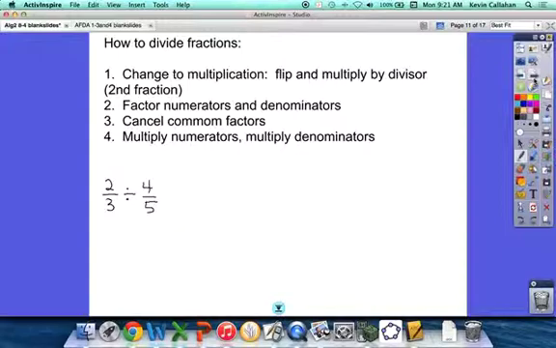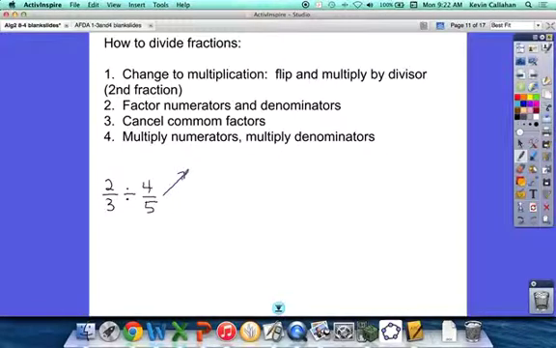Remember how I did this. Right. So the first step, dividing by a fraction is like flipping and multiplying. Right? You take the thing you're dividing by, which is the divisor, which is the second fraction. You're going to turn it into a multiplication by flipping the second fraction. Right?